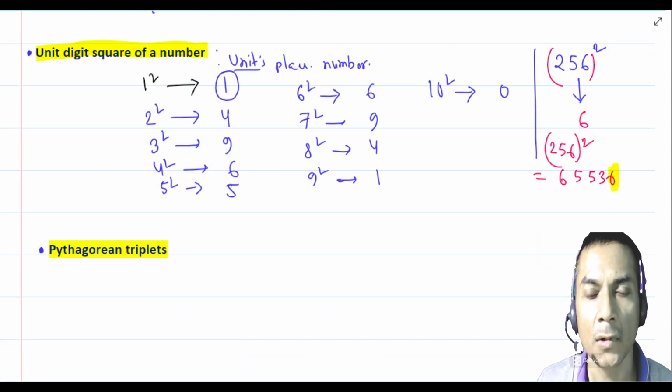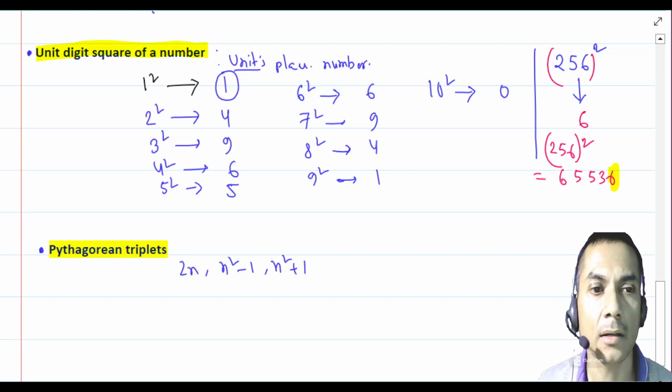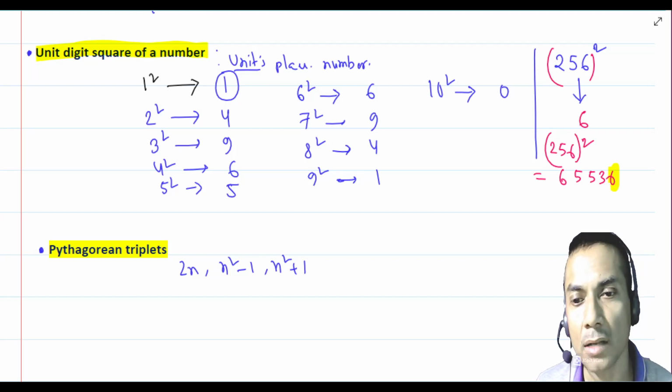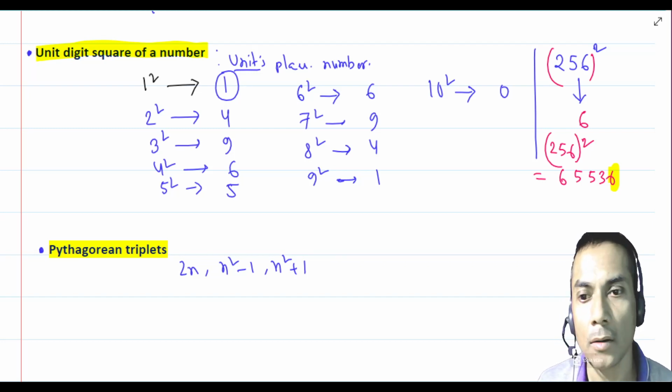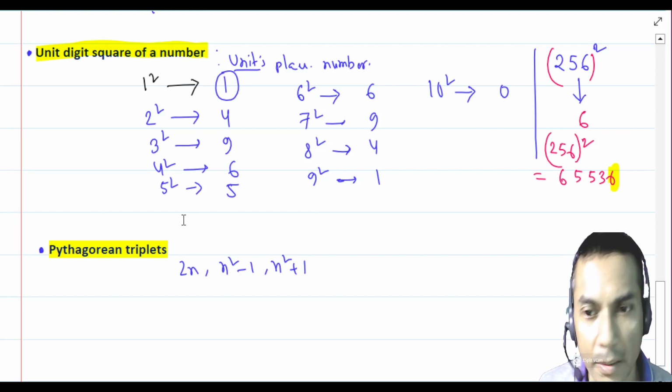Next, for any three natural numbers, if they follow the pattern 2n, n square minus 1 and n square plus 1, where n is a natural number, then you can say they form Pythagorean triplets.